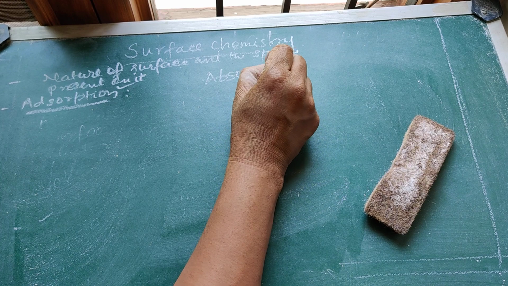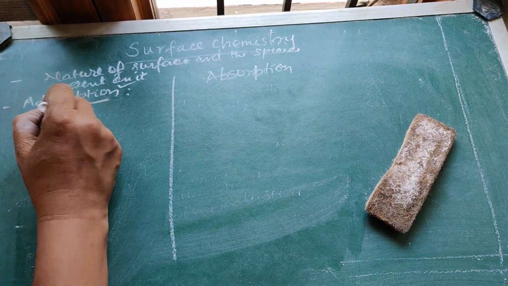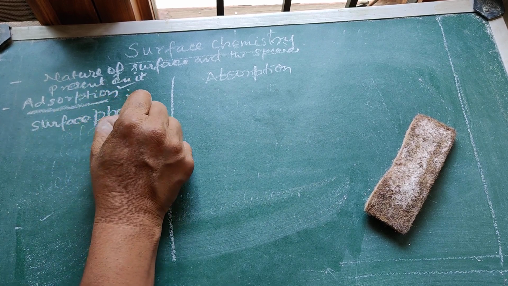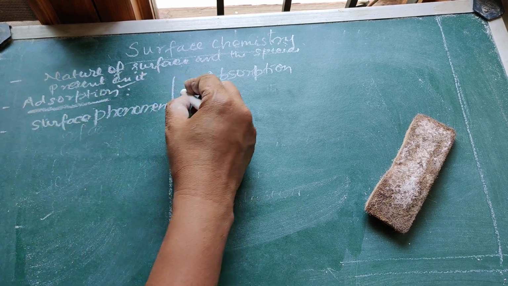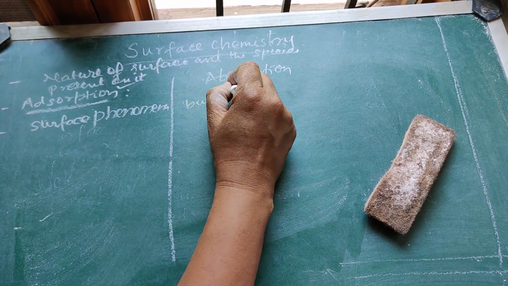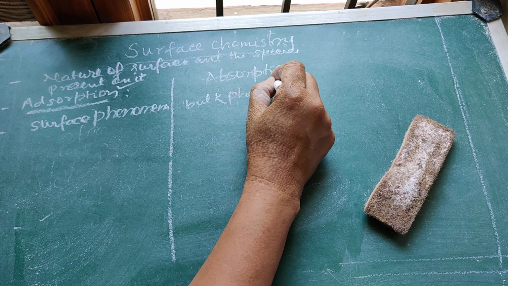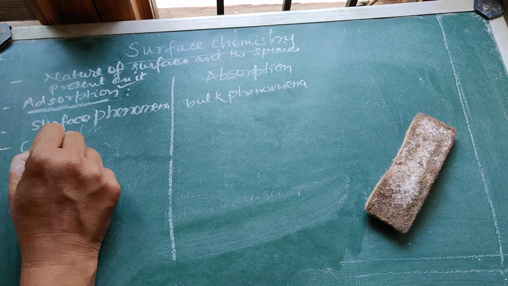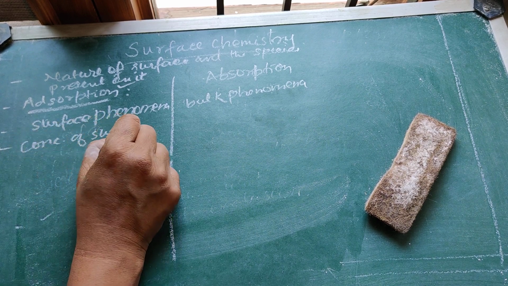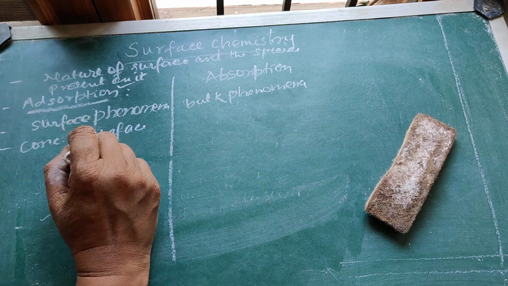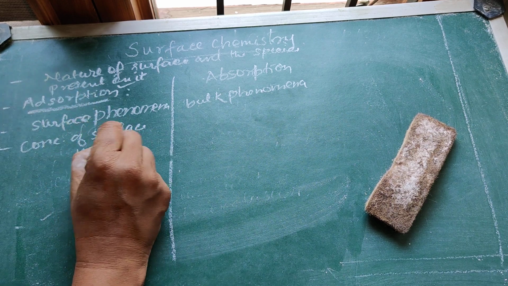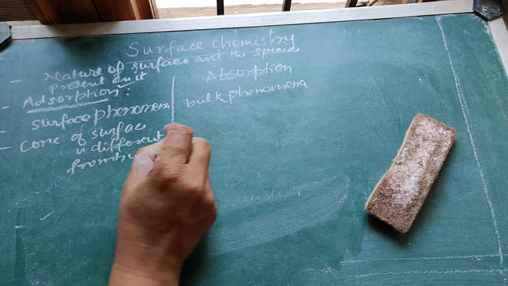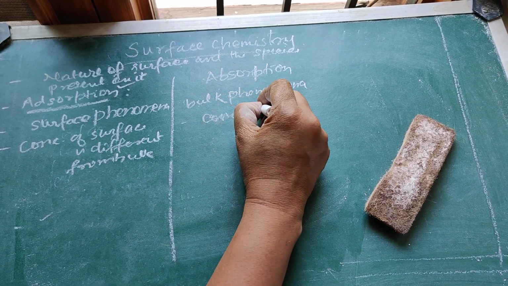Adsorption is a surface phenomenon, but absorption is a bulk phenomenon. In adsorption the concentration on the surface is more, different from the bulk, but in absorption the concentration is the same throughout the bulk.